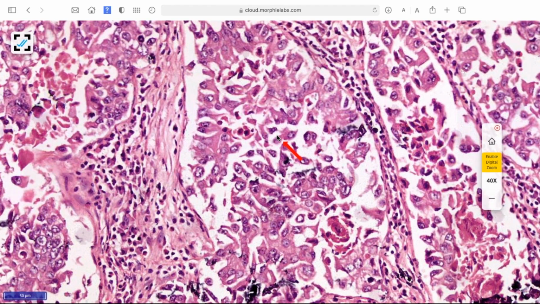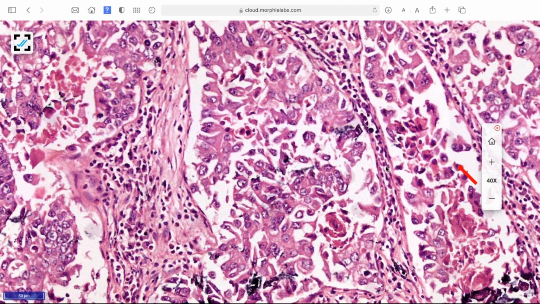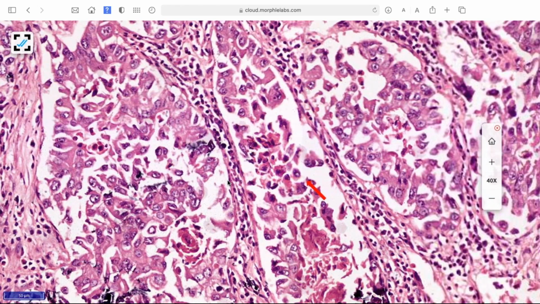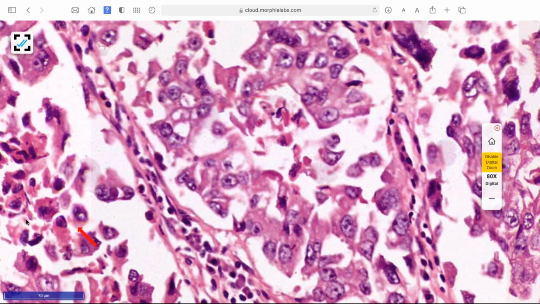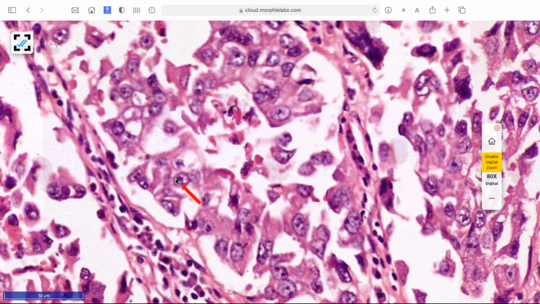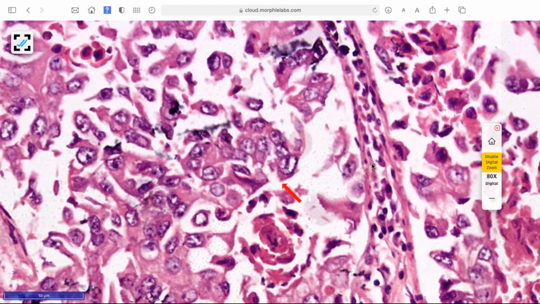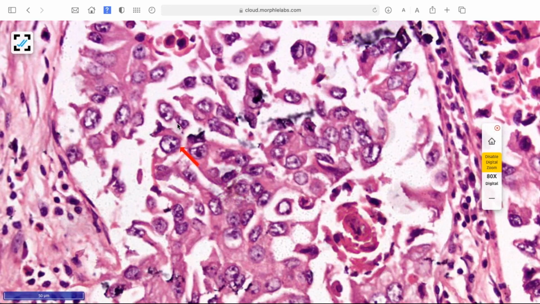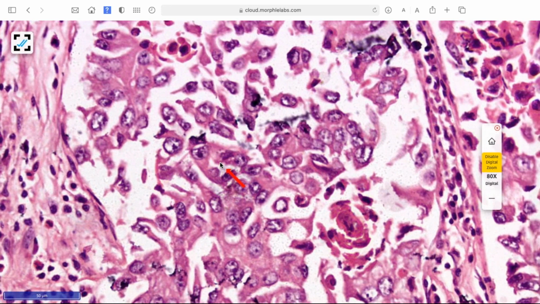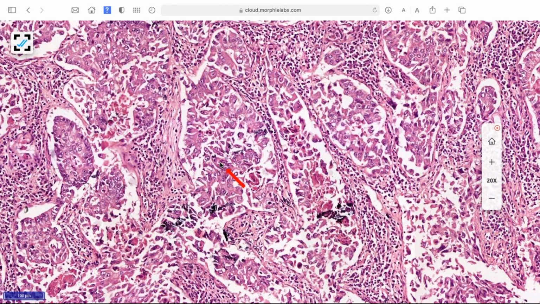So this is a moderate amount of cytoplasm, and look at the nucleoli. It's not focused very well. So you can look at the prominent nucleoli. Extensive necrosis, nested pattern, prominent nucleoli.